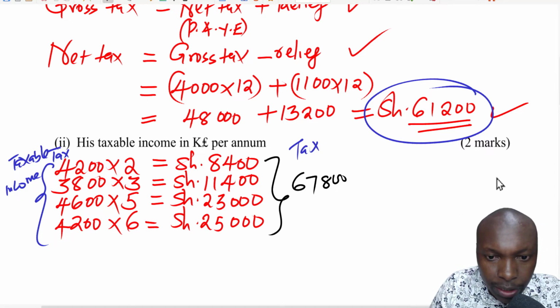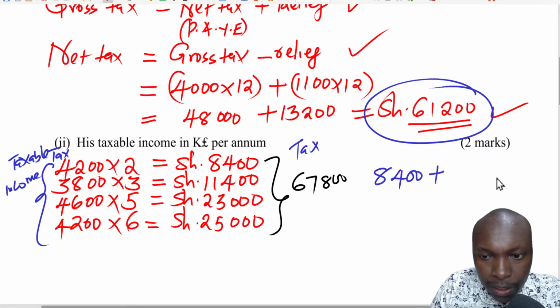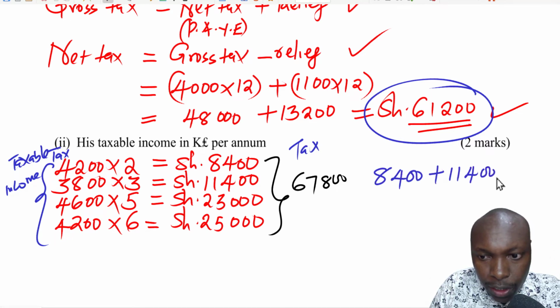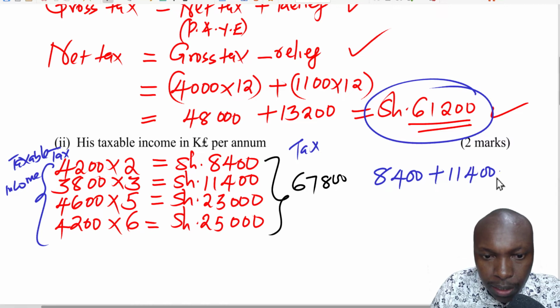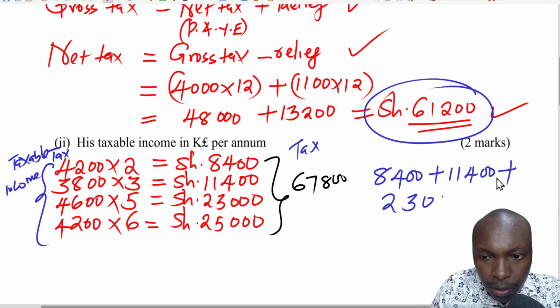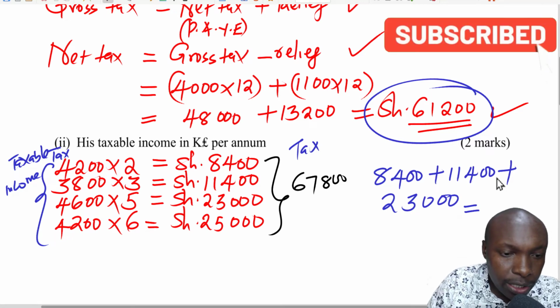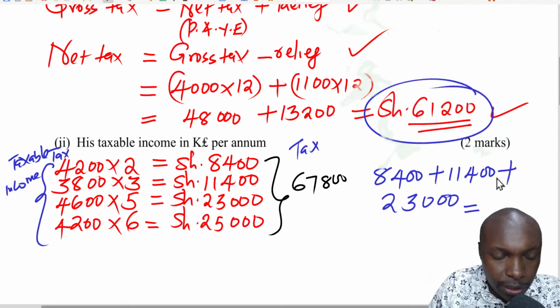We need to add first 8,400 plus 11,400, then plus 23,000. Let's not go to the other slab, because there's an amount there that is going to be taxed.